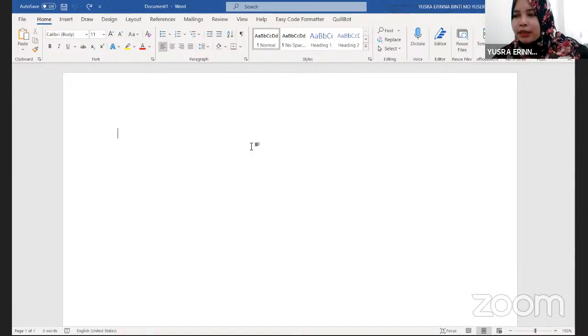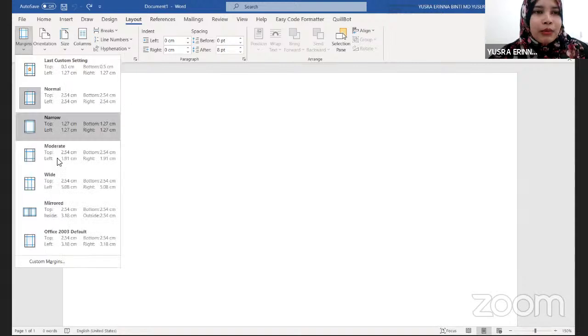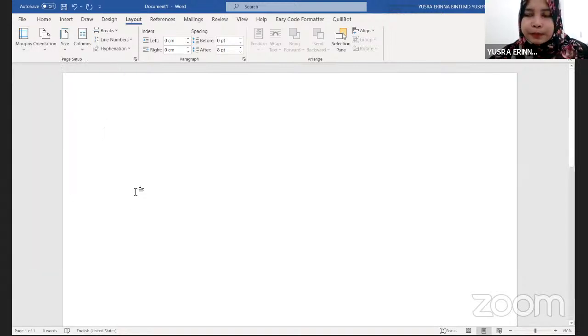All right. So the first thing that you do, of course, is open your Word, or if you want to use online Google Docs also, no problem. The first thing that you need to do is a page setup. Page setup normally for minutes of meeting, the margin that we use is moderate.